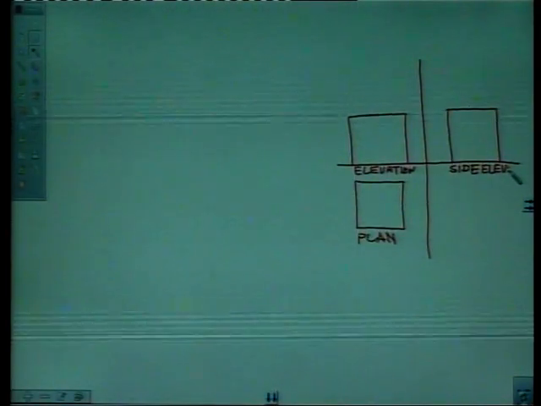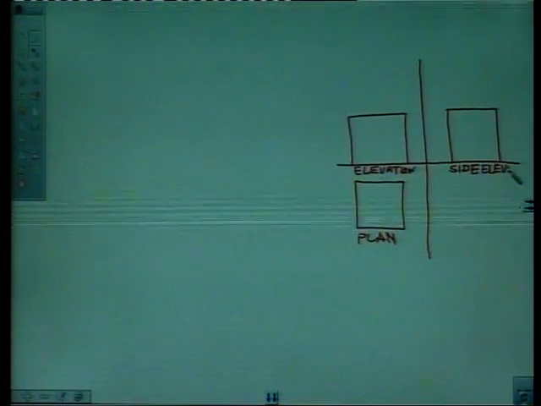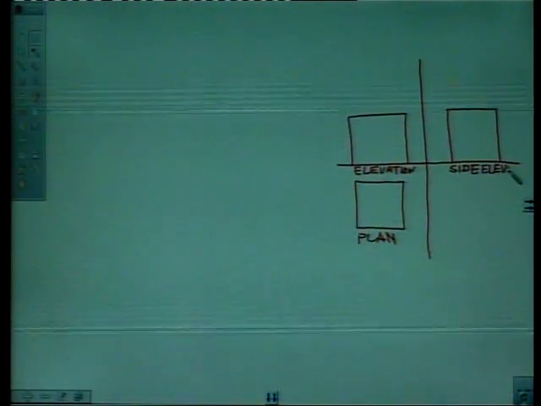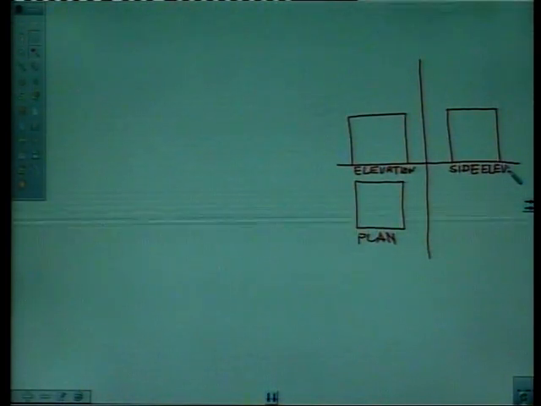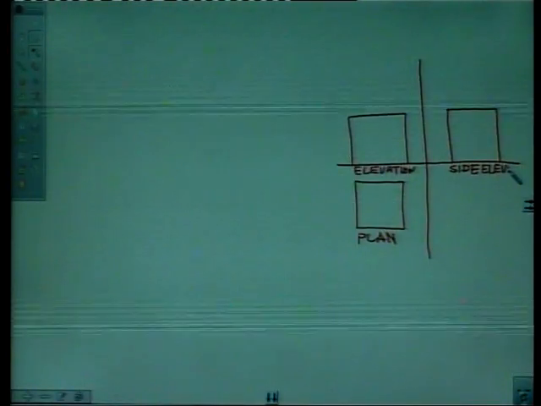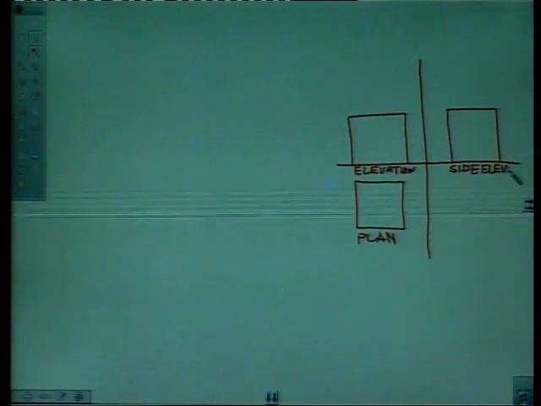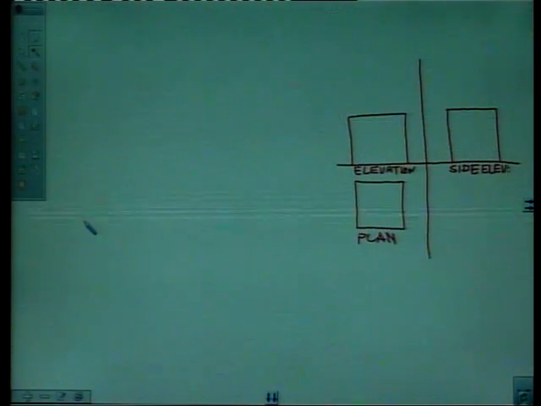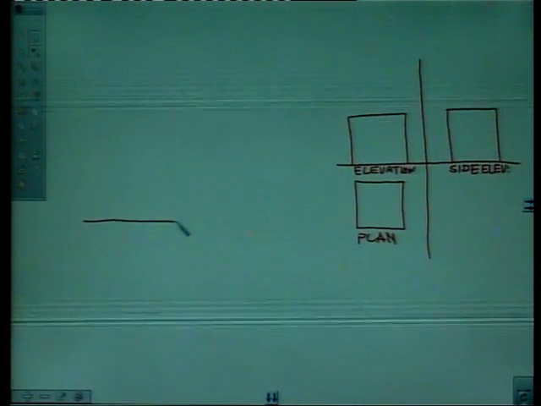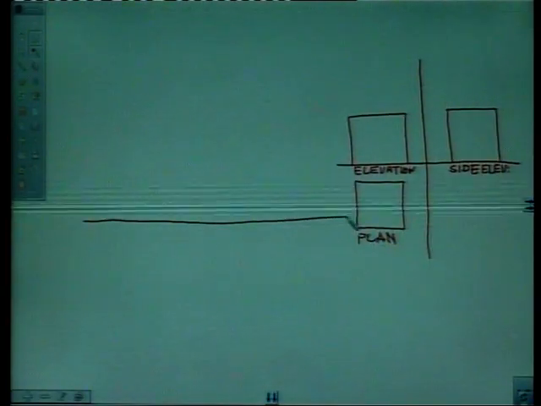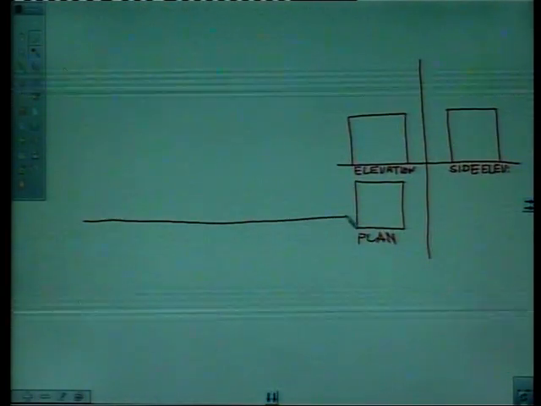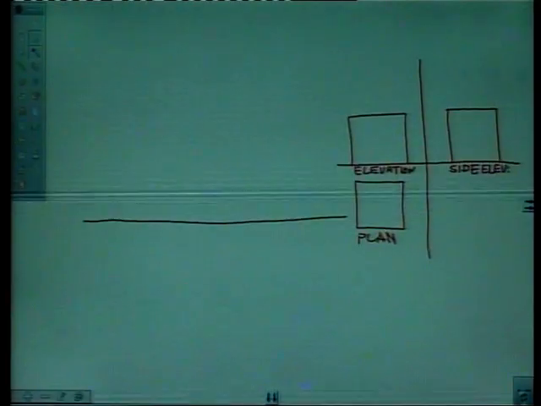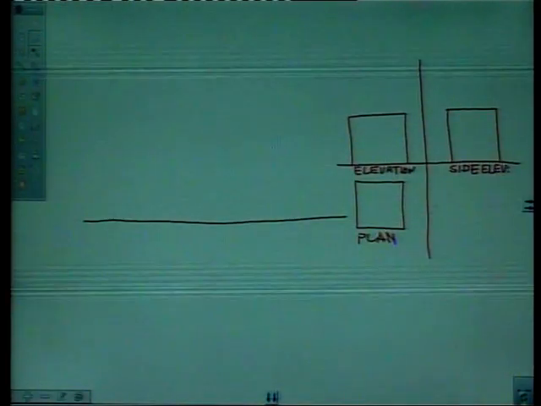So to draw isometrics, we must have at least plan, front elevation, or for complicated objects we must have a side elevation. So the isometric of the cube will be drawn like this. First of all, draw a straight line with parallel bar. This is a horizontal line, right?